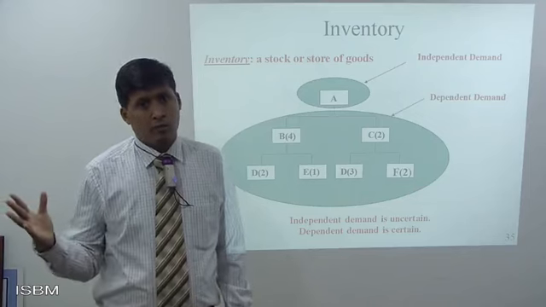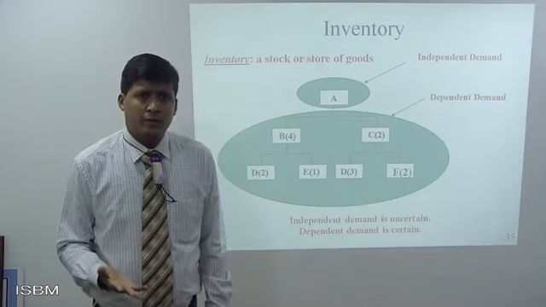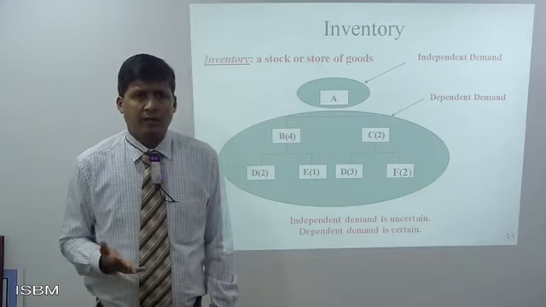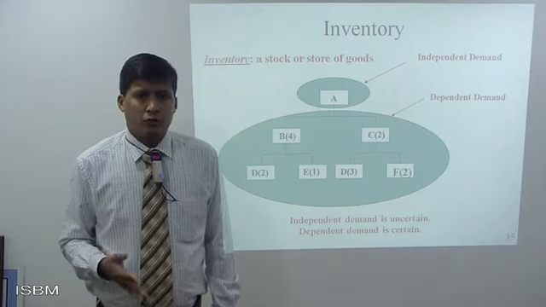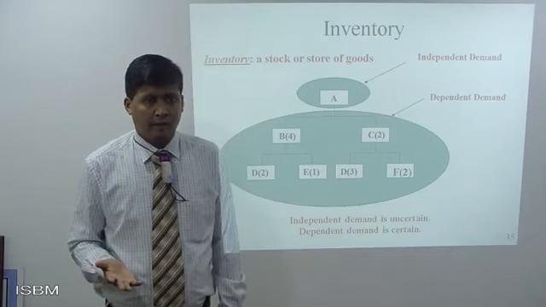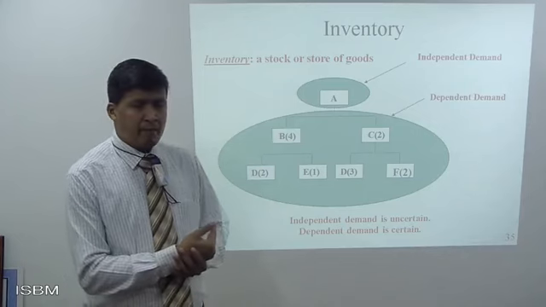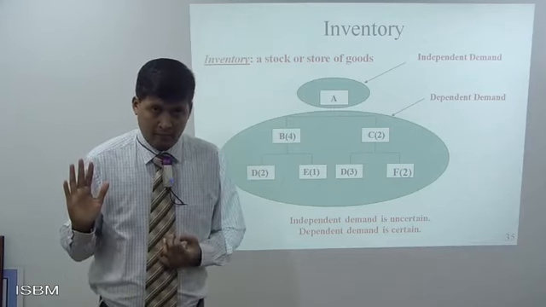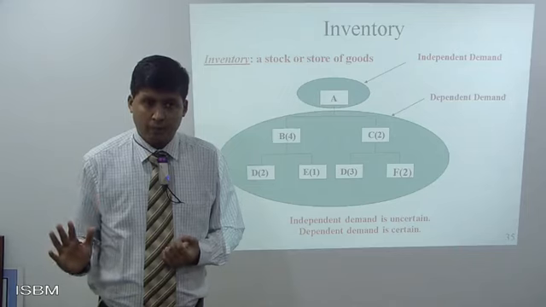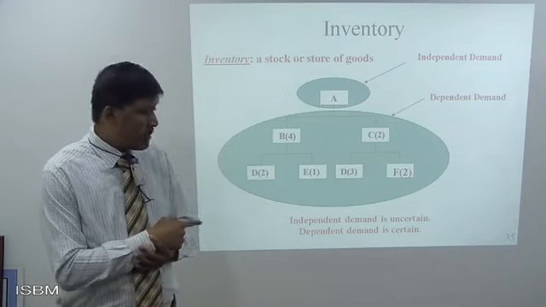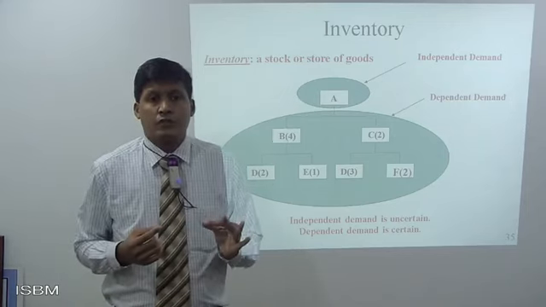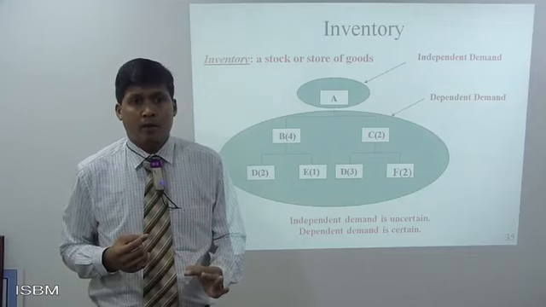With independent demand, you don't have much control over political situations; the political, economic, and socio-cultural elements define that. So independent demand is uncertain. The company doesn't have any control over it. Dependent demand is certain. We can have a major influence over it.